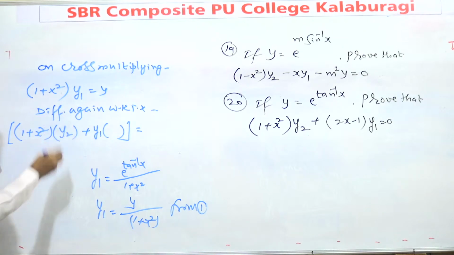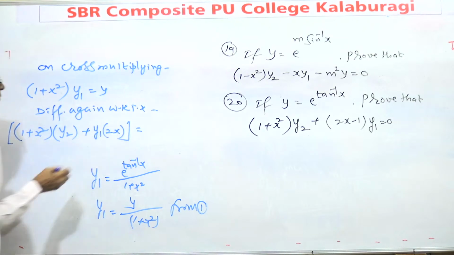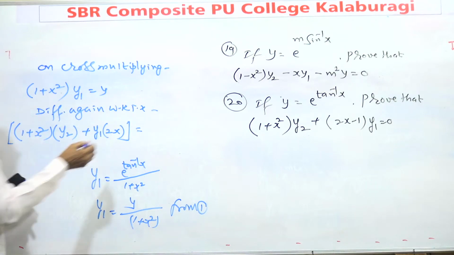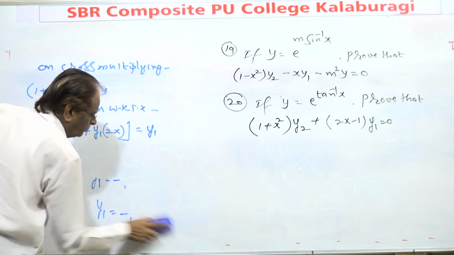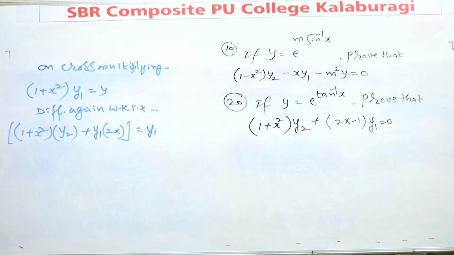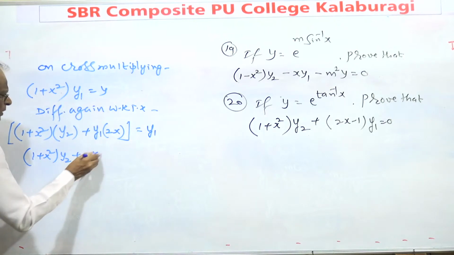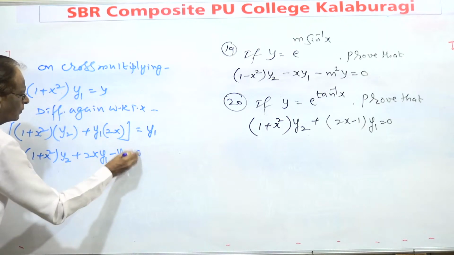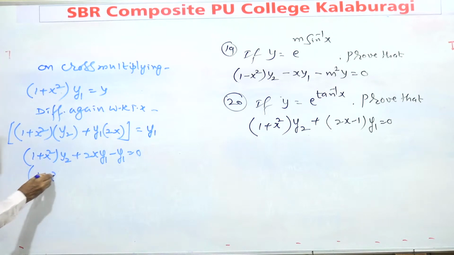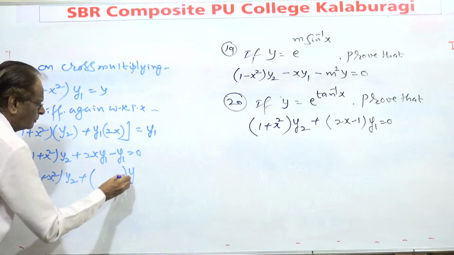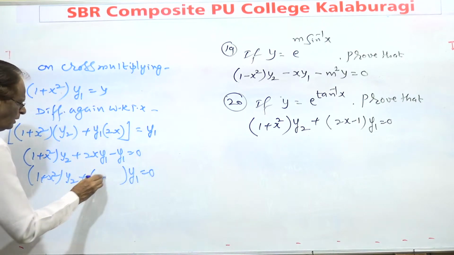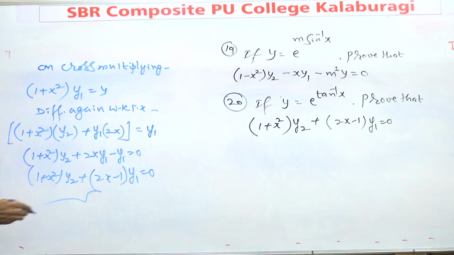Differentiation of y1, y2. Differentiation of 1 plus x squared is 0 plus 2x, 2x. y differentiation, y1. One plus x squared into y2 plus 2x y1 minus y1 equal to 0. 1 plus x squared into y2 plus y1 common. If y1 is common, 2x minus 1.